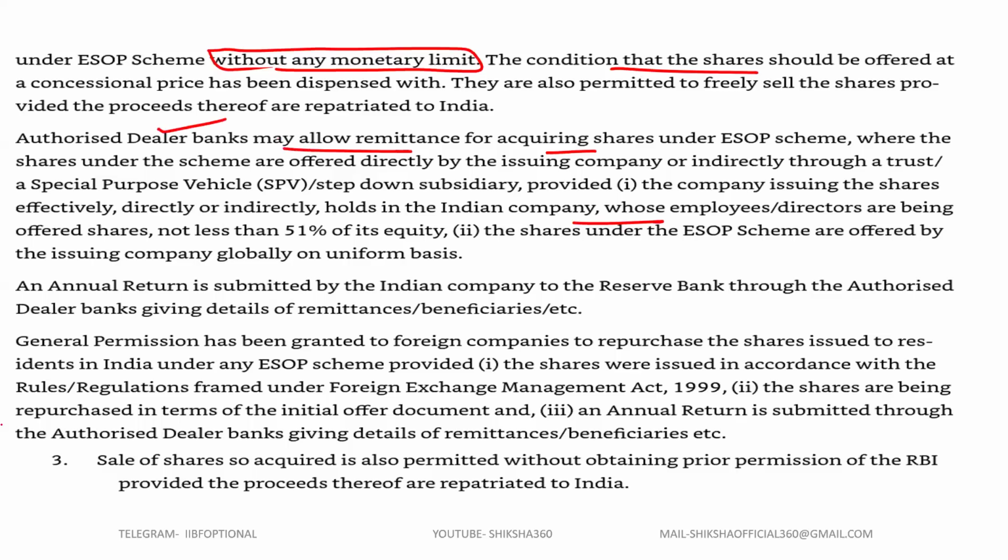Authorized dealer banks may allow remittances for acquiring these shares under the ESOP scheme, where the shares are offered directly by the issuing company or indirectly through a trust or special purpose vehicle or step down subsidiary, provided that the company issuing the shares effectively, directly or indirectly holds in the Indian company whose employees or directors are being offered shares not less than 51% of its equity. Clear? Not less than 51% of its equity.